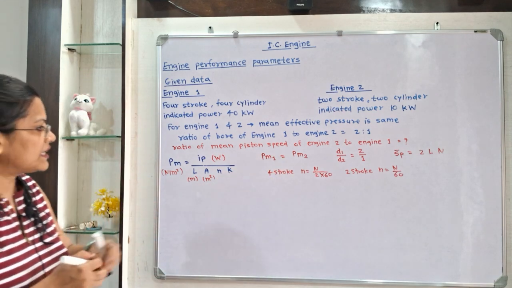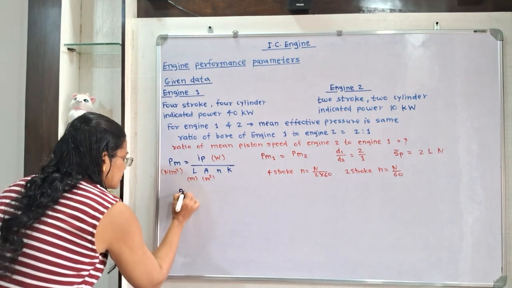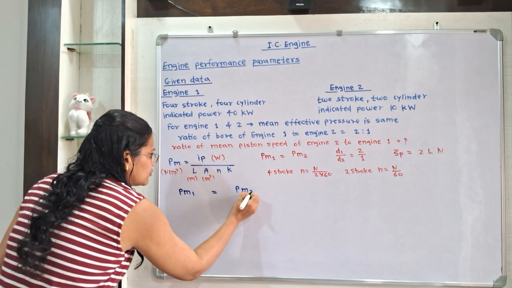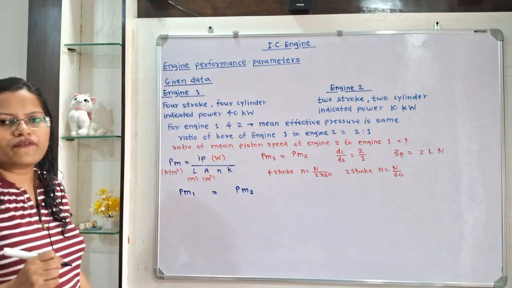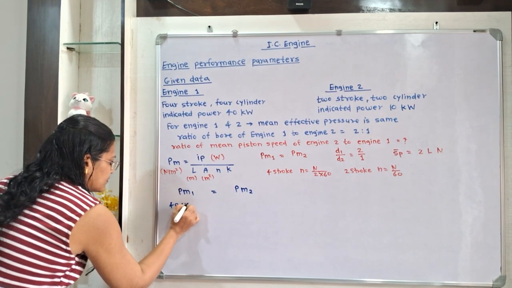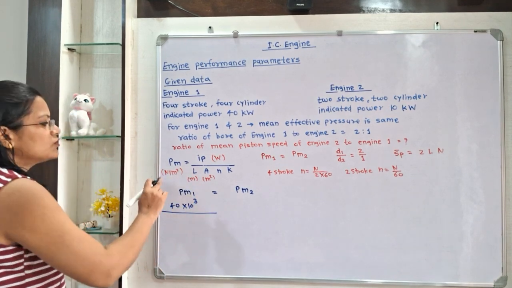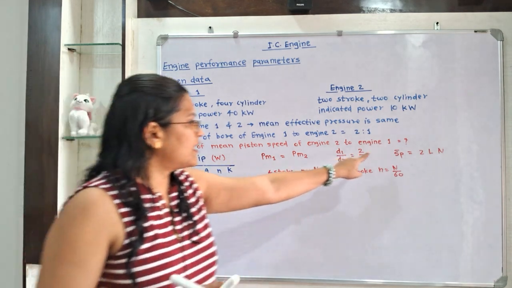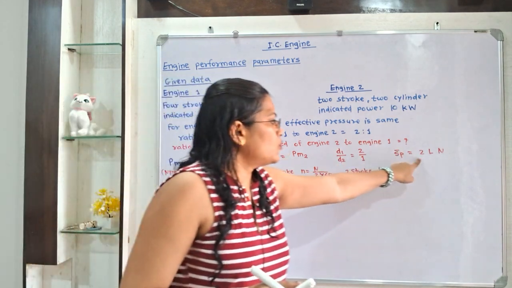So we will put all these values in PM1 and PM2. We will write this statement: PM1 is equal to PM2. So IP is 40 kilowatt, so 40 into 10 raised to 3 watt, divided by L. We will take L as it is because we have to use this L in the formula for mean piston speed, 2LN.